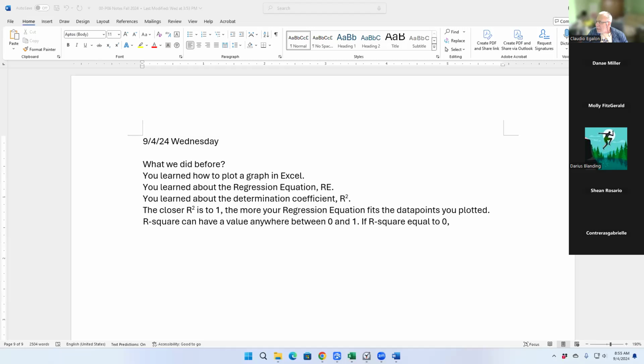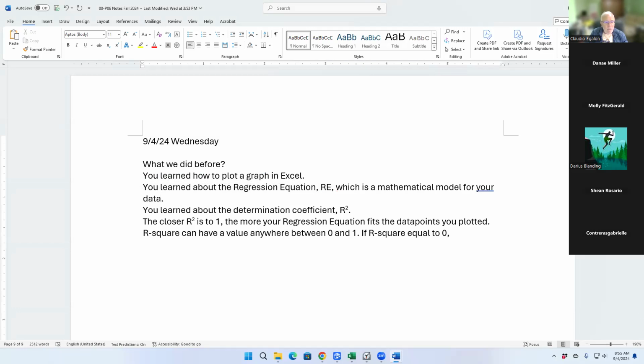Okay, what we did before, you learned how to plot a graph in Excel. You learned about the regression equation, which is a mathematical model for your data points. You learned about the determination coefficient R squared.